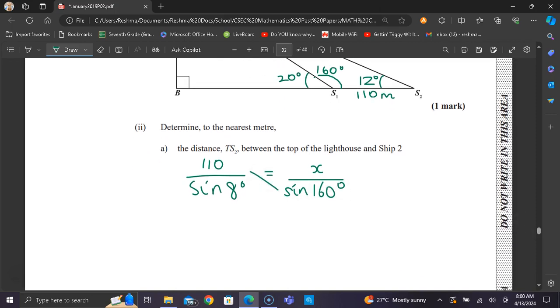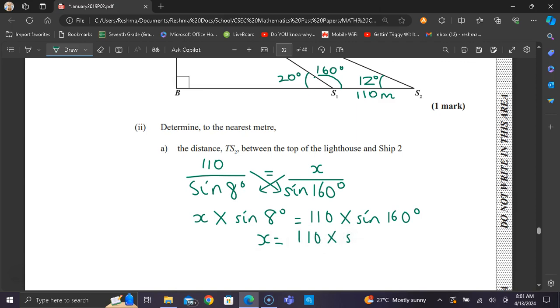Okay, so let's cross multiply. So x multiplied by sine of 8 degrees is equal to 110 times sine of 160 degrees. So x will be 110 times sine 160 divided by sine of 8 degrees.